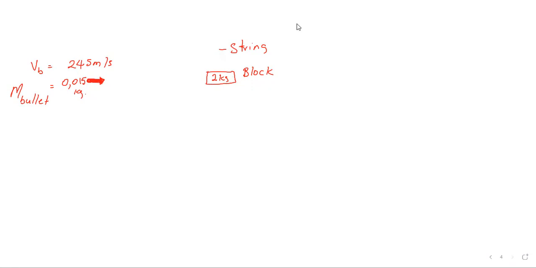We can only know how far the block of wood will move if we know the velocity of the system. We can also get the kinetic energy, which is equal to half mv squared.